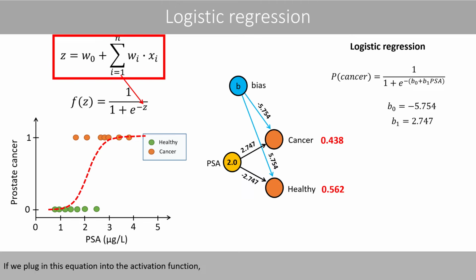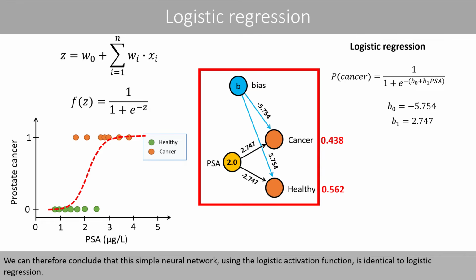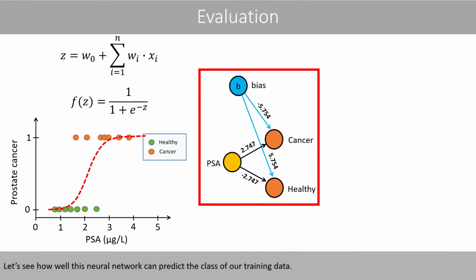If we plug in this equation into the activation function, we will obtain the exact same function that is used in logistic regression. We can therefore conclude that this simple neural network using the logistic activation function is identical to logistic regression.